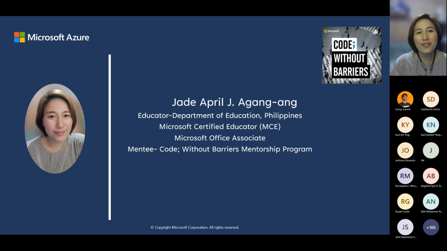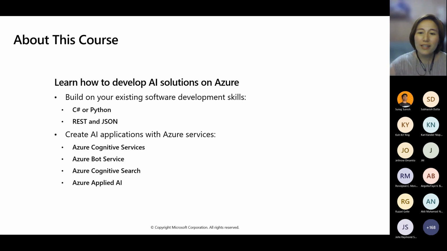So moving forward, all of my slides came from Microsoft Learn under the educators program. You could go over there and download them yourself, or I could share these slides with you after our talk. Hopefully we are going to learn how to develop AI solutions in Azure.